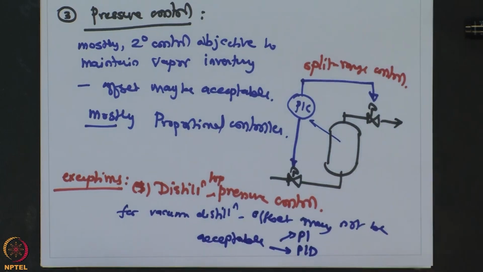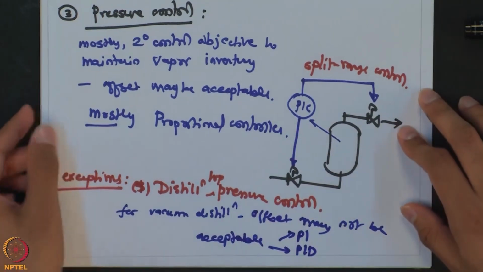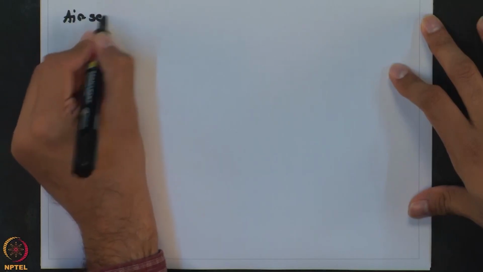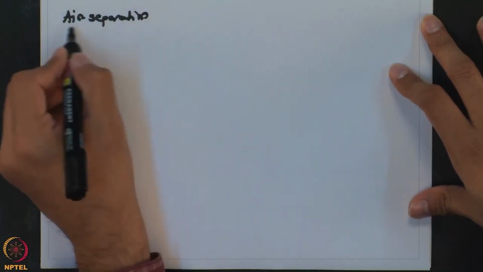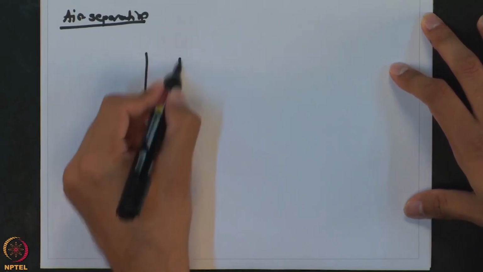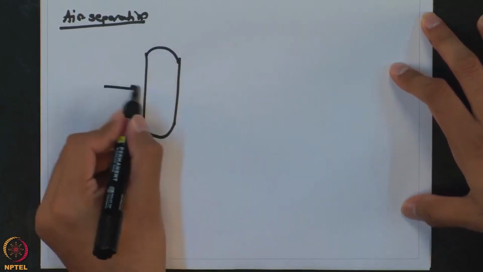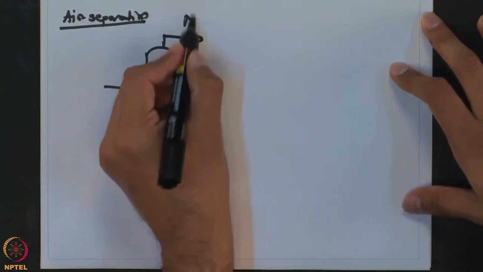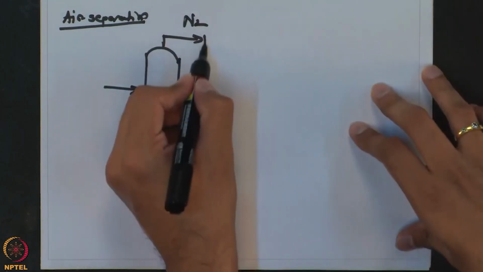Again, depending on the type of distillation column, we may have PI or PID control. I will give you two examples, both are industrially relevant. When you talk about air separation, what you are going to get at the top of this column is nitrogen, which is gas.